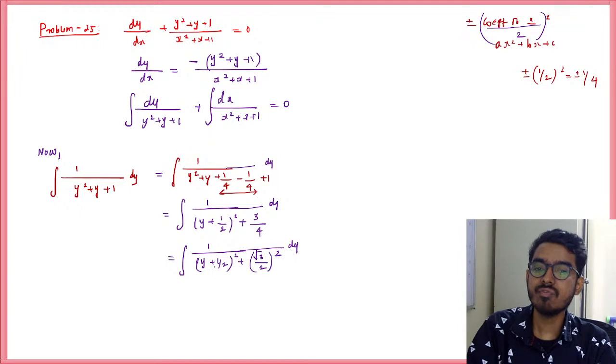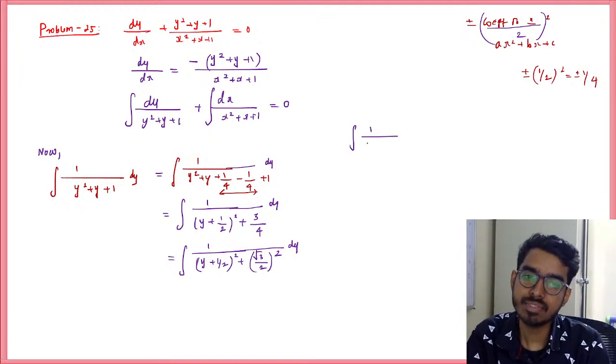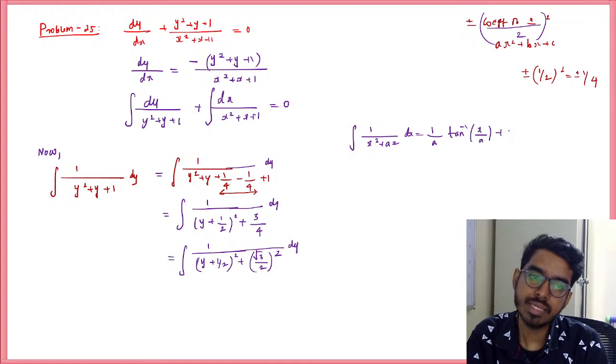Now, integration of 1 divided by x square plus a square, what is this formula? 1 by a tan inverse of x by a plus c.